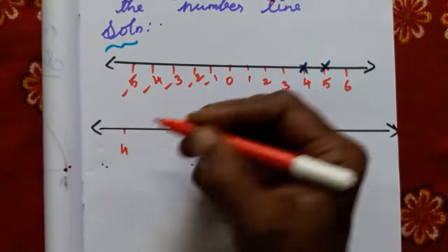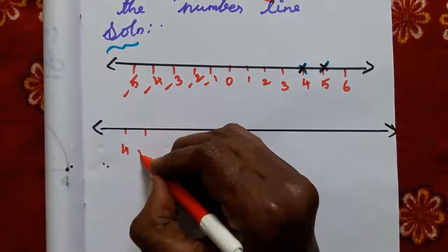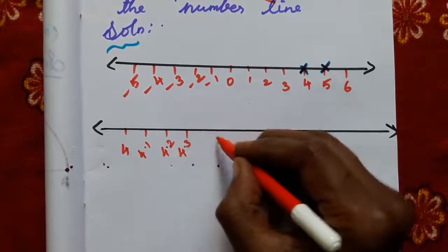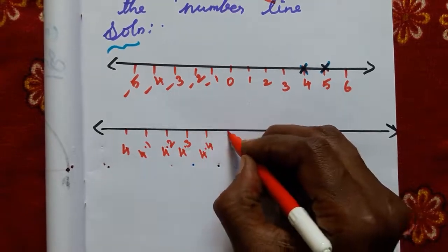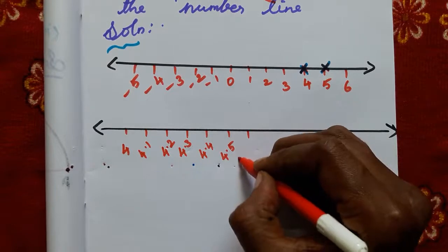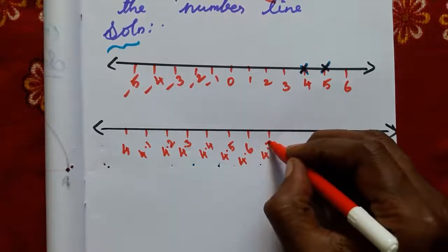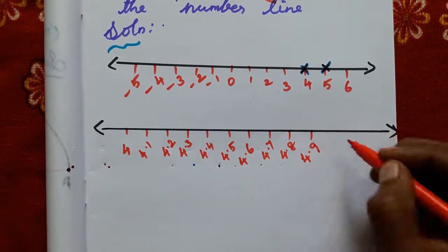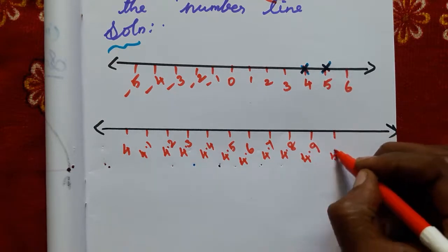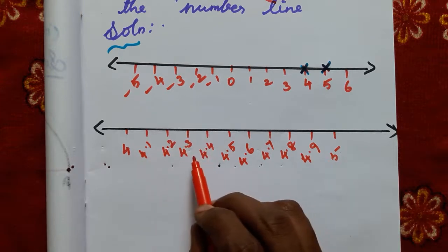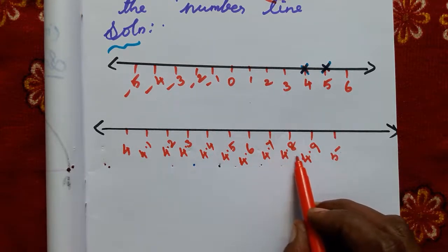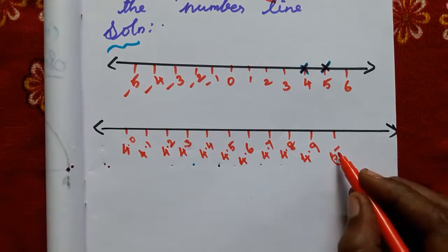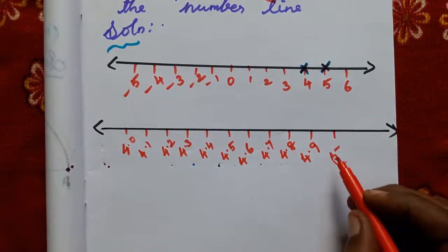Then 4.1, 4.2, 4.3, 4.4, 4.5, 4.6, 4.7, 4.8, 4.9, and after that 5. Here 4 means 4.0 and 5 means 5.0. Okay, can you understand that?